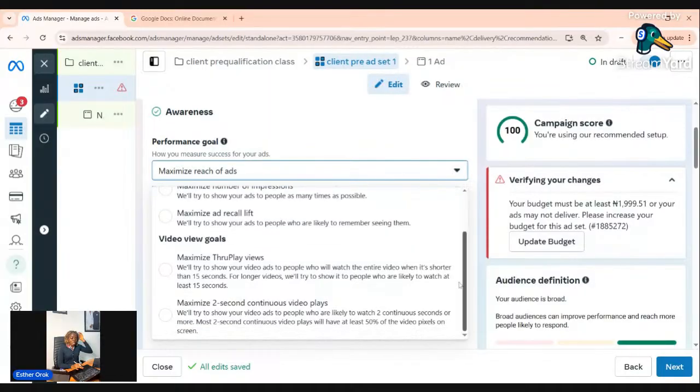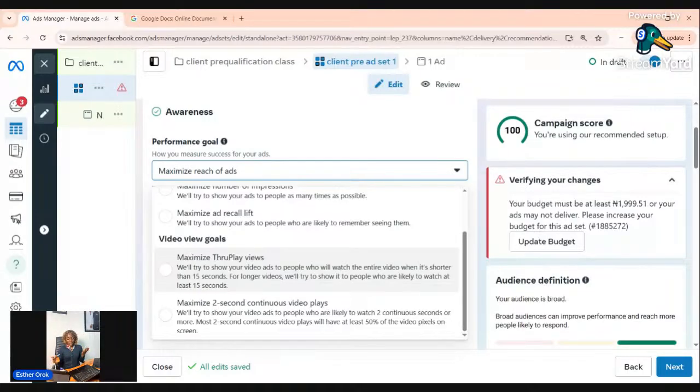Now, there's also the second part of this, which is video view goals. Most of the time, this really applies to Facebook ads, right? So this first one is maximize through paid views. We show your ads to people who will watch the entire video when it's shorter than 15 seconds.